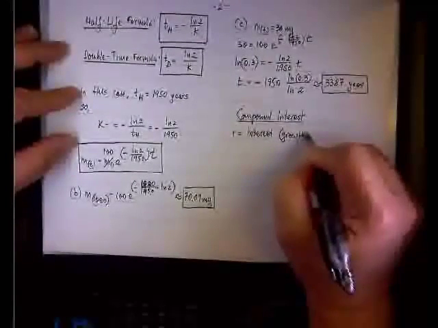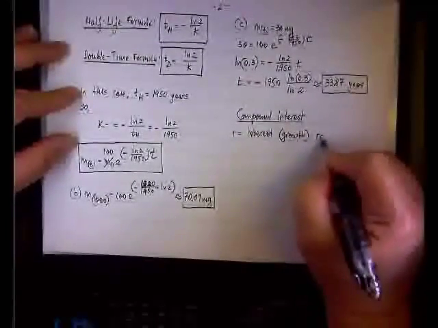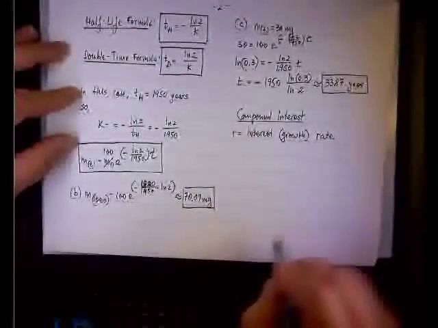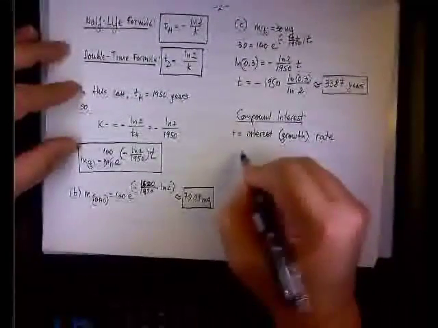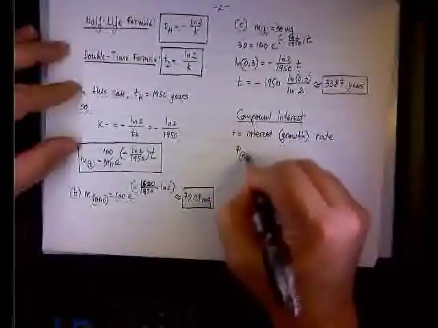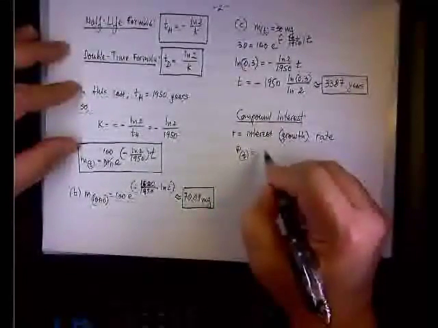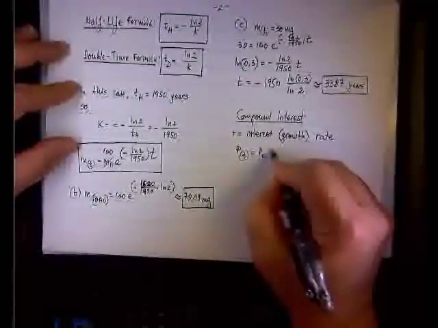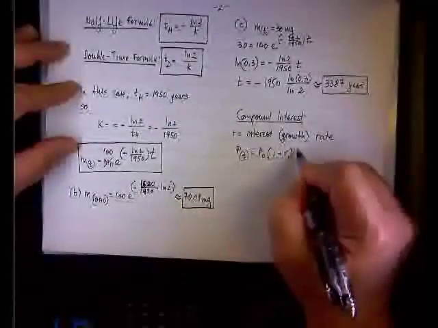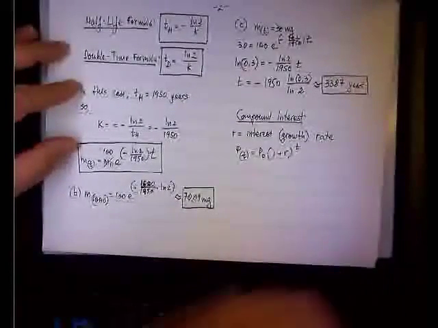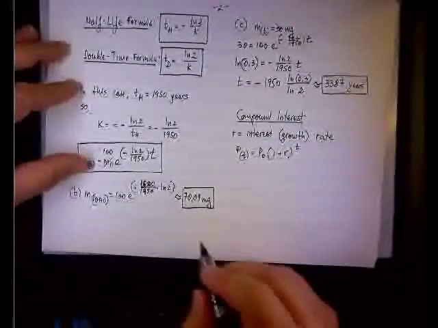In other words, this is the interest rate when you deposit something rather than borrow something. Okay? And the model will be P of t equals P sub 0 times 1 plus R raised to the power of t.